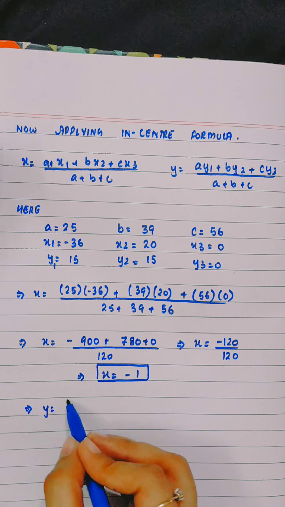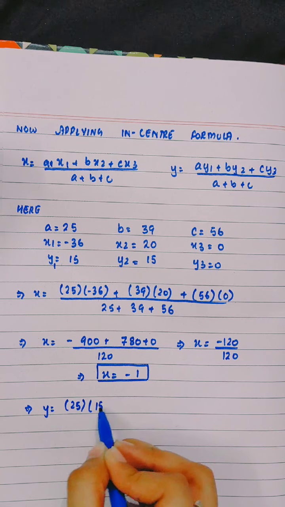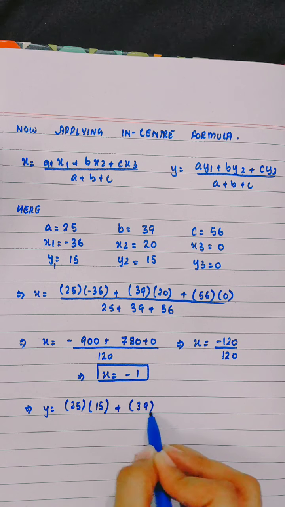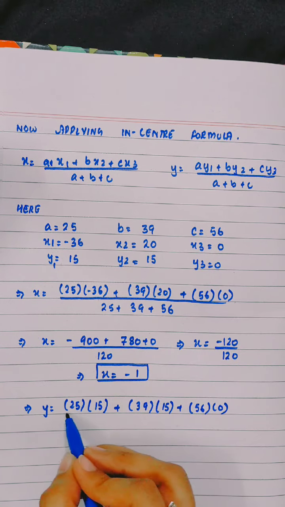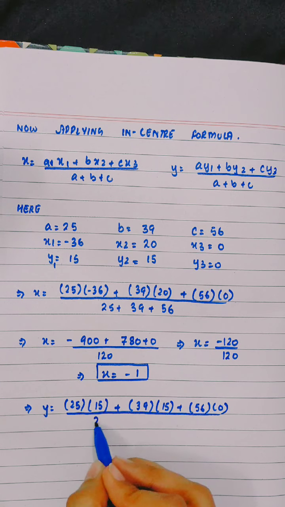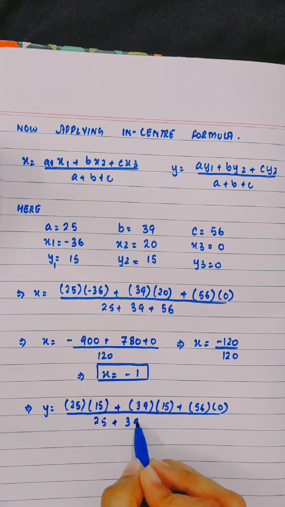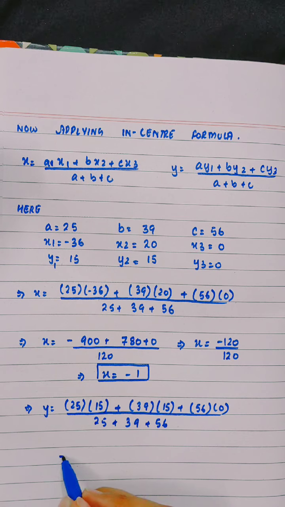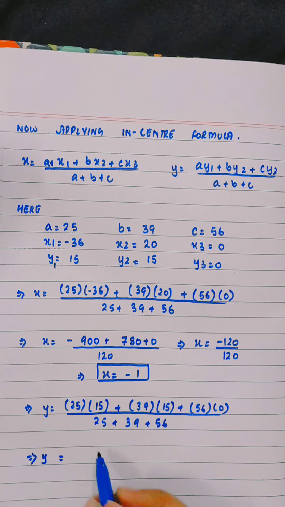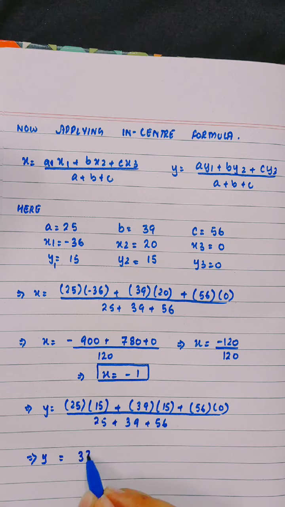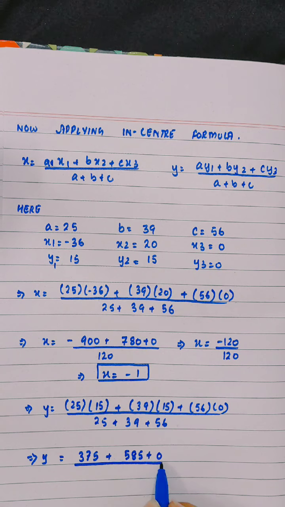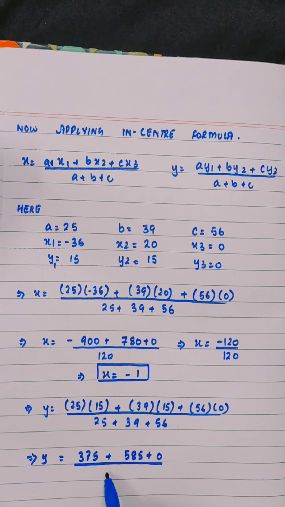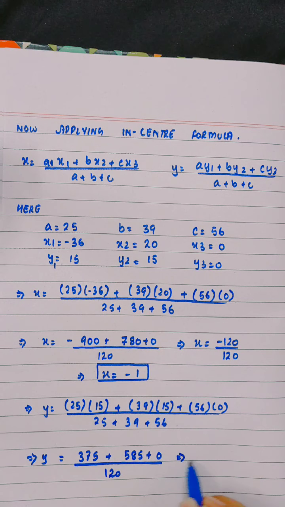Y is equals to 25 into 15 plus 39 into 15 plus 56 into 0 divided by 25 plus 39 plus 56. Y is equals to 375 plus 585 plus 0 divided by 120.